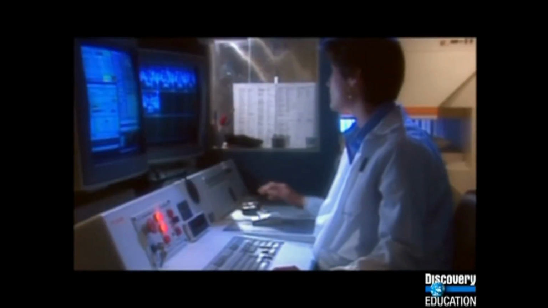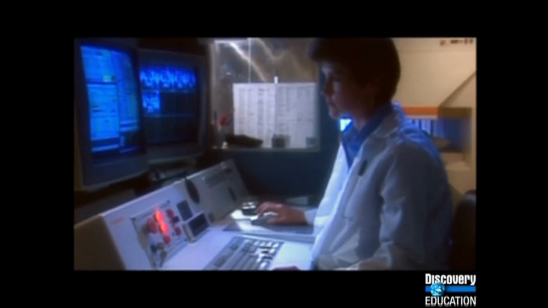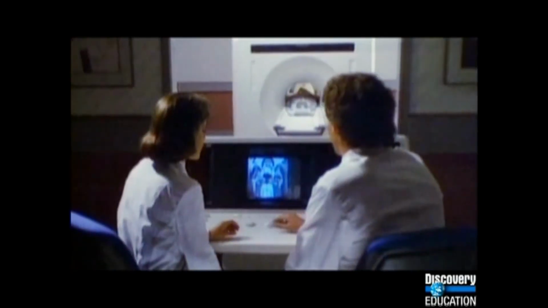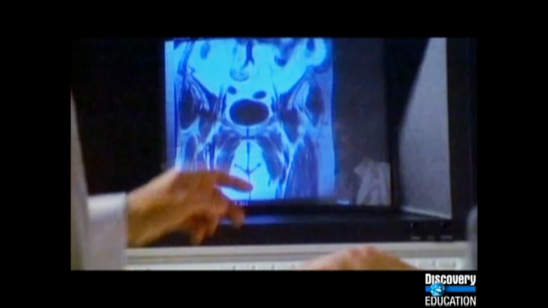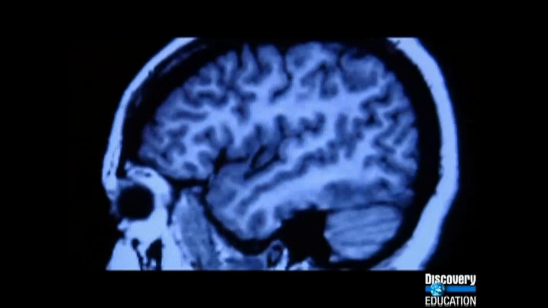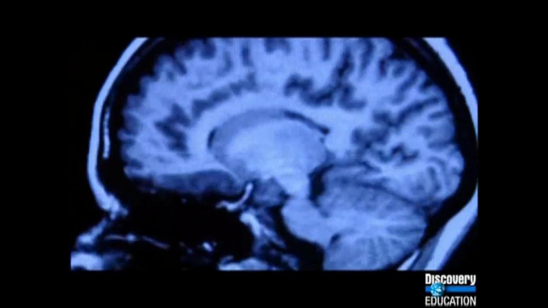Doctors and researchers continue to find more ways to peer inside the human body using MRI technology. Scientists can examine the workings of the human brain by using MRI technology to make images of changes that occur as the mind thinks, talks, listens, dreams, and imagines.